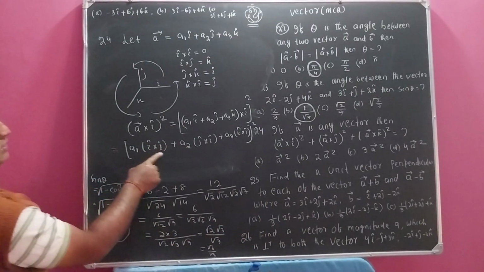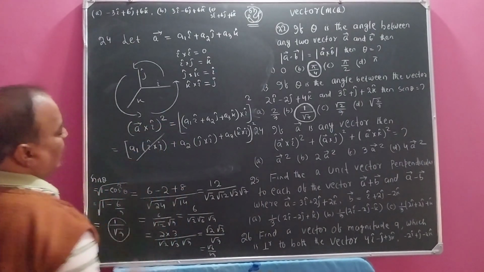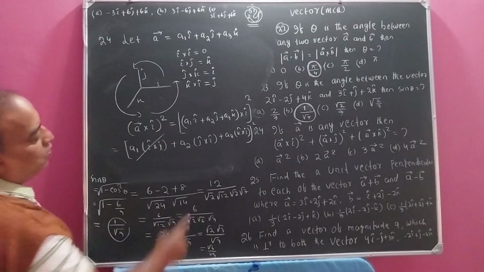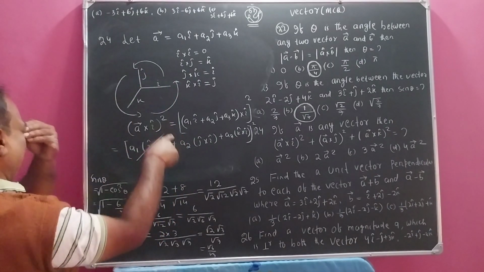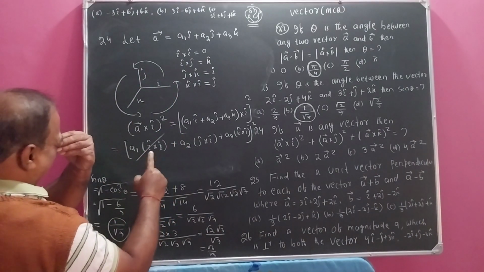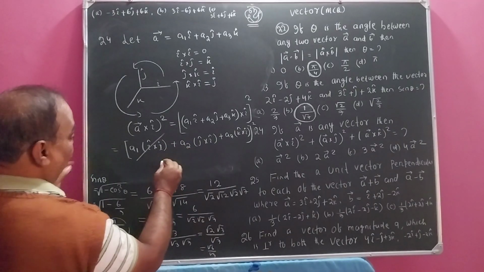I cap cross I cap, it is 0. J cap cross I cap, that is minus k cap.